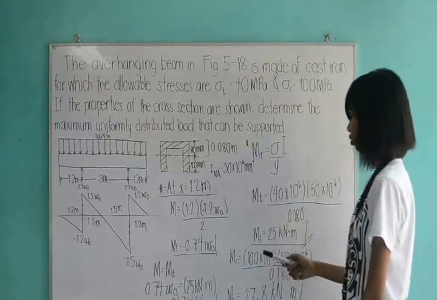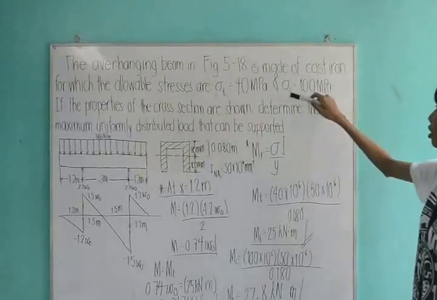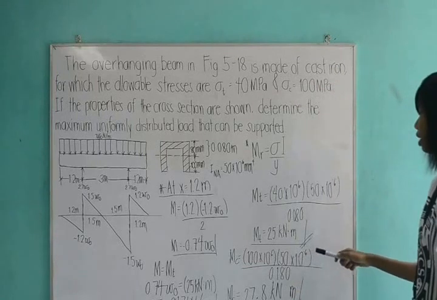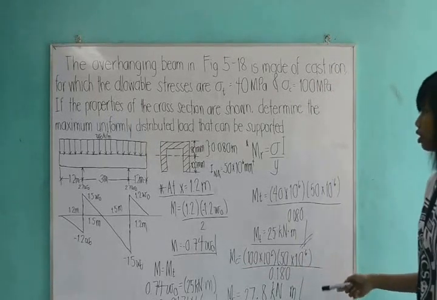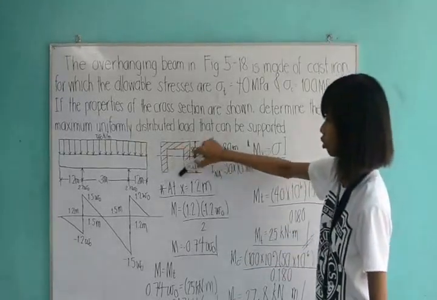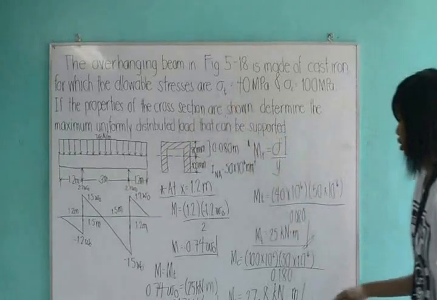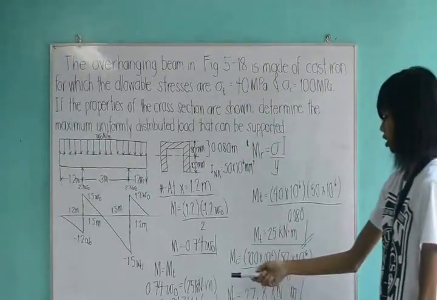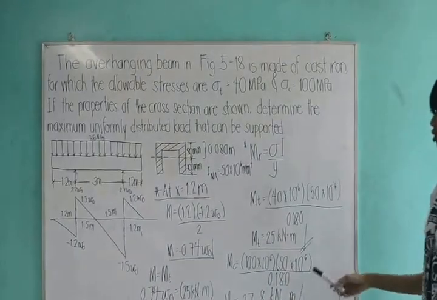Then to get the moment compression, we use 100 MPa because it is the stress for compression, times 50 times 10 to the negative 6 over 0.180 meters because it is the total height of the cross section. This equation leads to the answer 27.8 kilonewton meters.